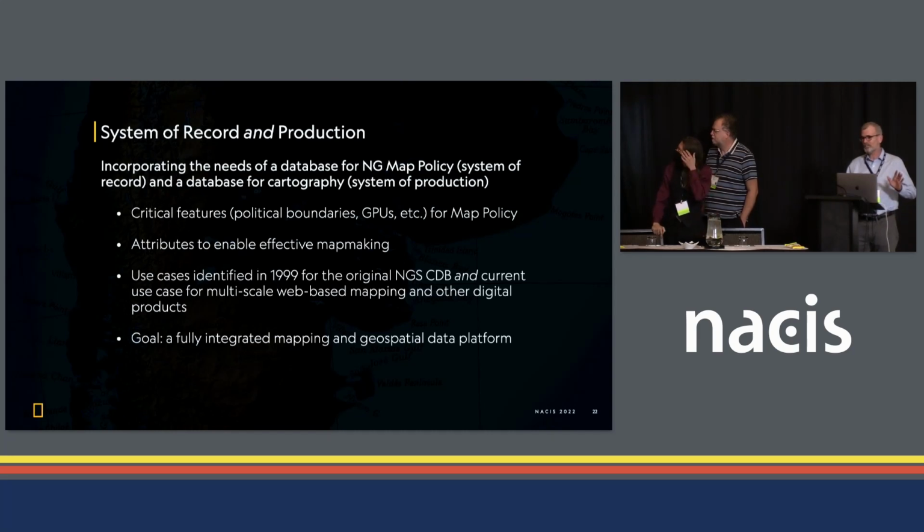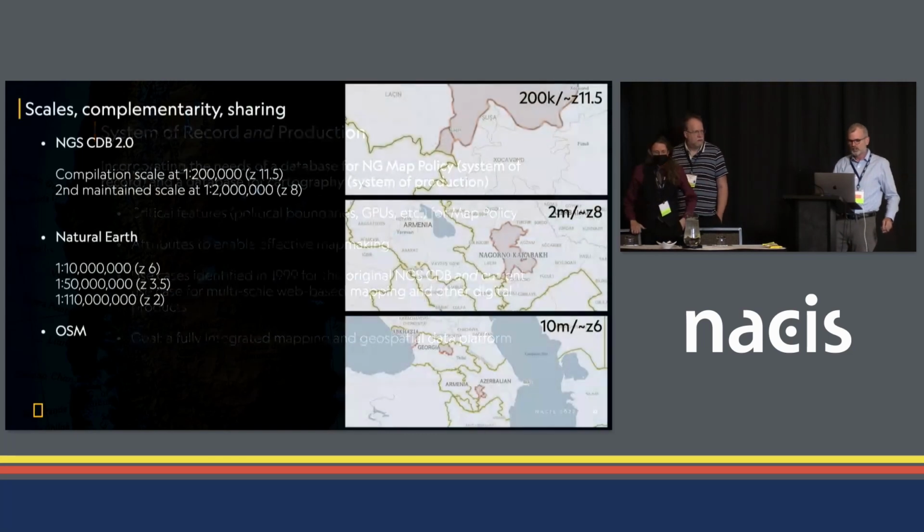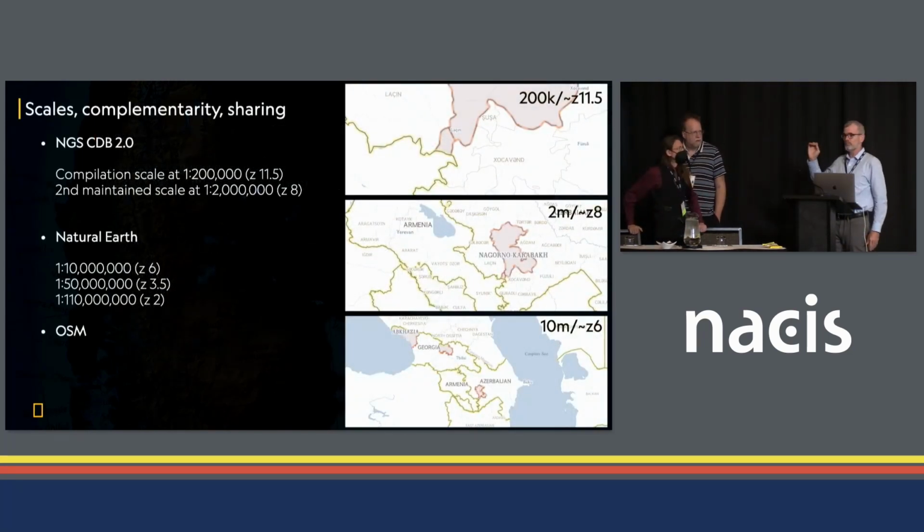Just a quick point that our database is a system of record as well as a system of production. So our map policy as it changes, our coastlines as they change, we want a record of all of that. So this is a system of record for our database. And just last thought about the complementarity of the data that we're working on. Obviously people are using Natural Earth at scales from 1 to 110 million to 1 to 10 million, and I know somebody's going to be talking about that later.